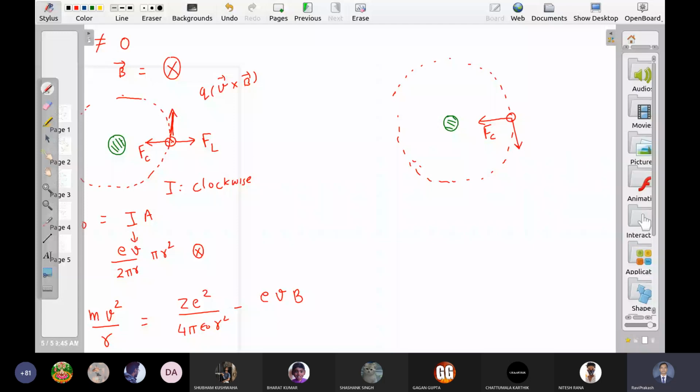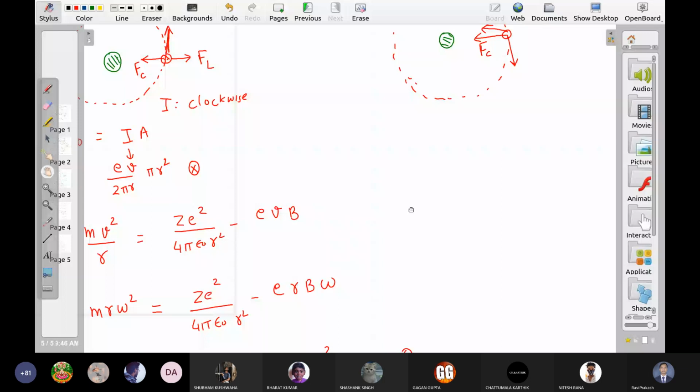What does it mean? The magnetic moment will now increase. So please do the calculation again. You will get plus sign here, plus sign here, plus here.